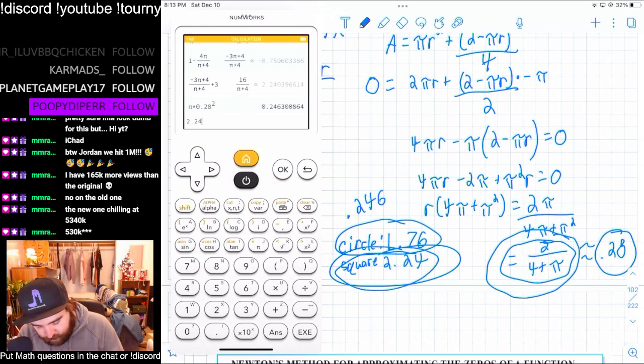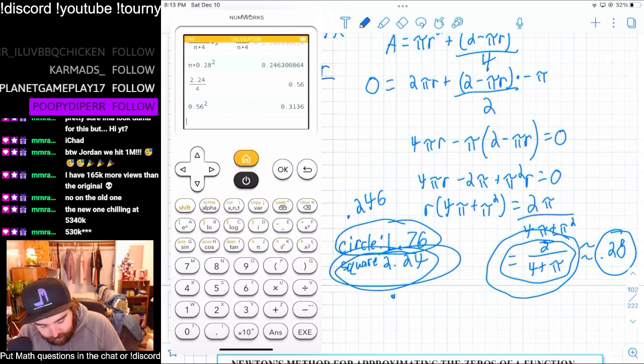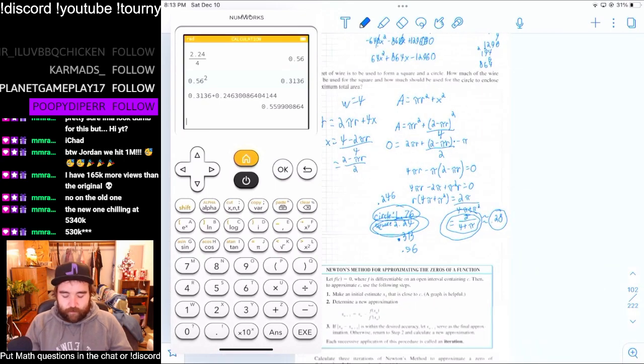So if I did 2.24 divided by 4, that's the side length of the square. And if I square that, I only get an area of 0.313. And if I add those together, I only get an area of 0.56.